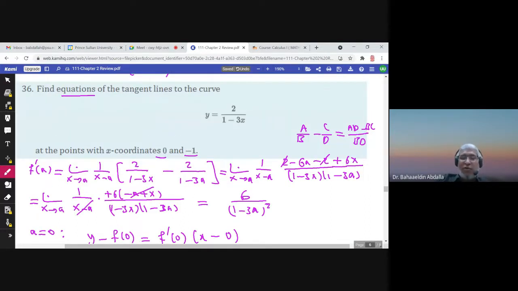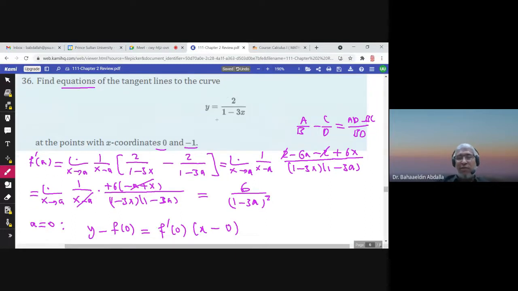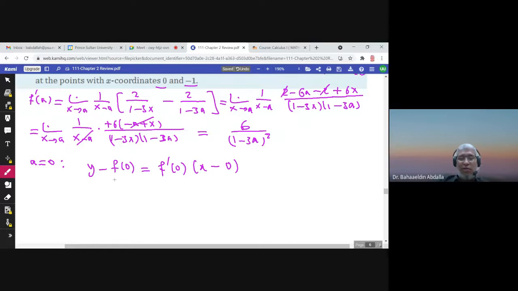Well, f of 0, I find it from here: 2 over 1 minus 0, so it's 2. So f of 0 is 2. f prime of 0, I find it from here, because this is f prime of a. So I replace a by 0, so it would be 6 over 1, which is 6, times x minus 0, or just x, and the equation would be y equals 6x plus 2.